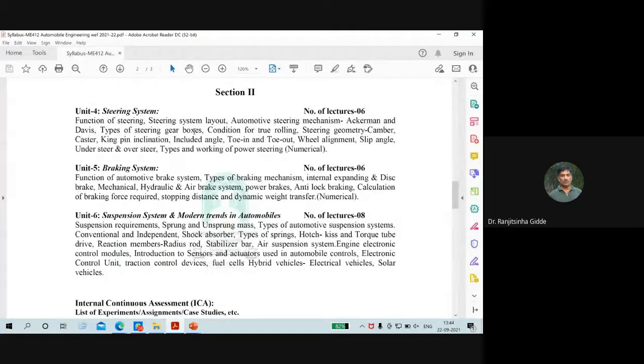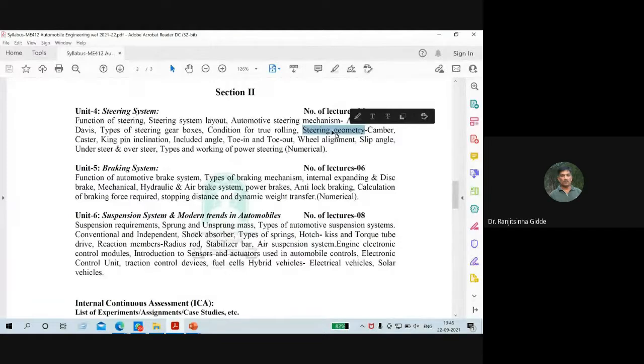Then we are going to see the condition for true rolling and afterwards steering geometry, which includes camber angle, caster angle, kingpin inclination, included angle, toe in and toe out. These are the terms related to the front wheel.